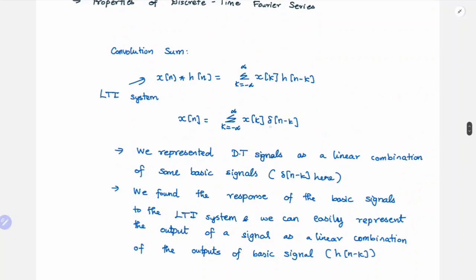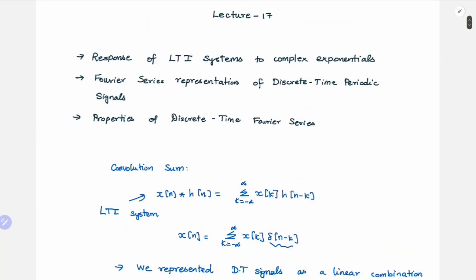So this we saw with the delta function or the unit impulse function.